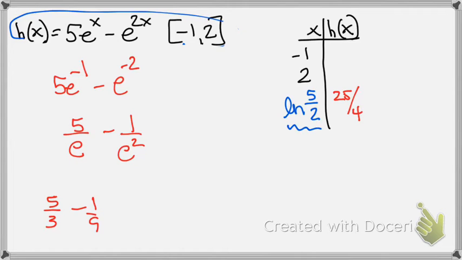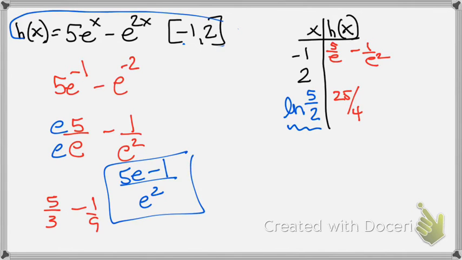So let's see if I'm going to need to get a common denominator or not, because I still have to just basically compare it to these other numbers. So I'm going to leave it as 5 over e minus 1 over e squared for now. If I have to, the common denominator is not a big deal, because I'll just multiply this by e and another e. It would be 5e minus 1. But I'm not sure that helps me compare it to the other numbers any better.